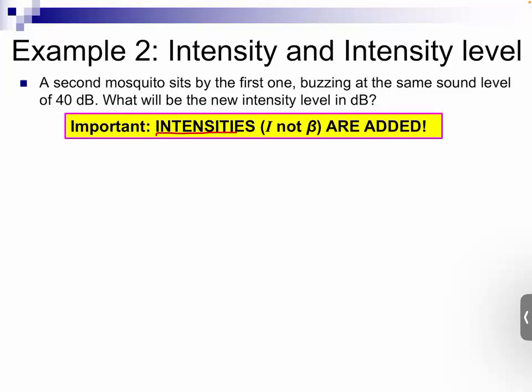The correct way of solving this is first to find the intensities I1 and I2 in watts per meter squared. You find the intensities of the mosquitoes' buzz in watts per meter squared, and then you add the intensities to find the new intensity, and then convert that to decibels.